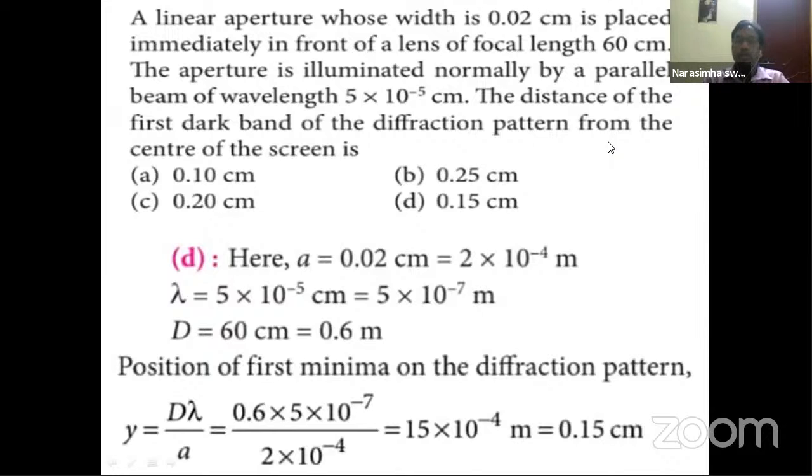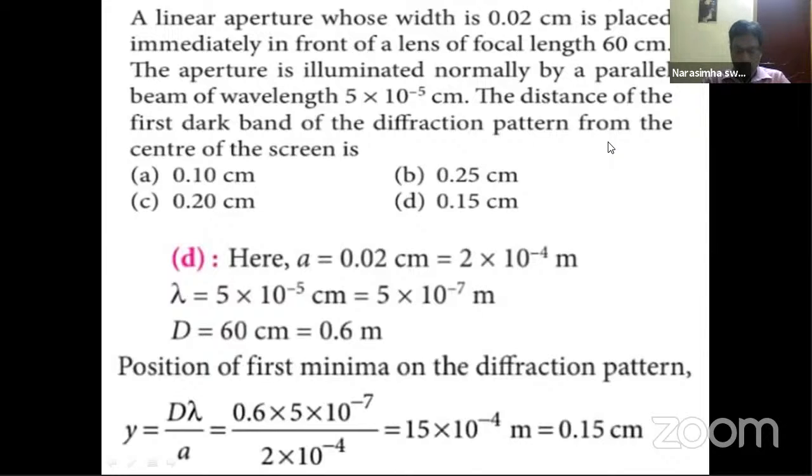The aperture is illuminated normally by a parallel beam of wavelength 5 into 10 power minus 5 centimeters. Now the distance of the first dark band of the diffraction pattern from the center of the screen. He's asking about diffraction.